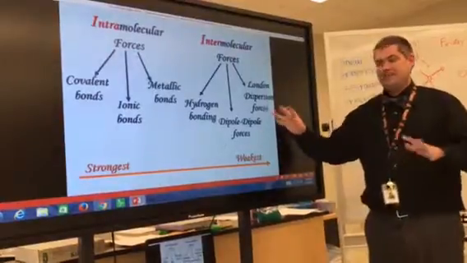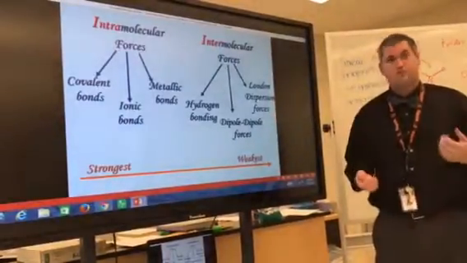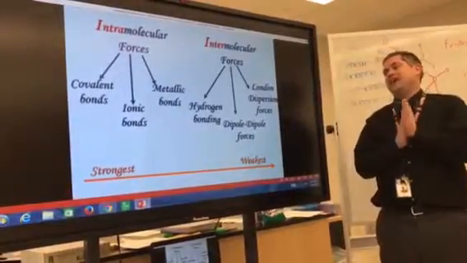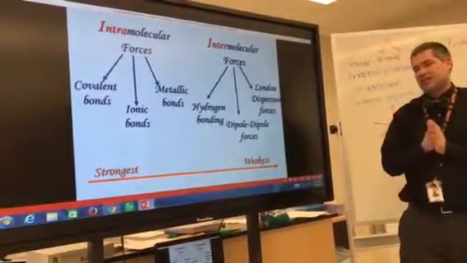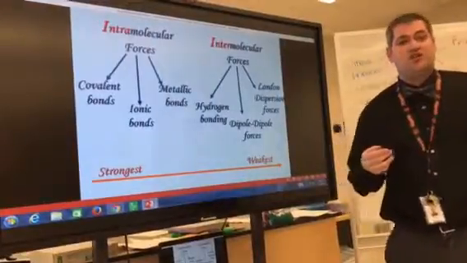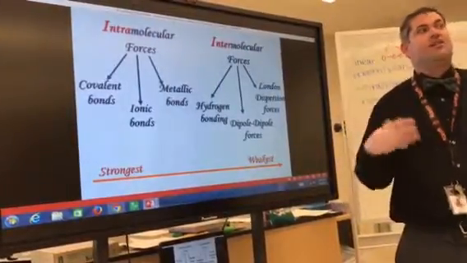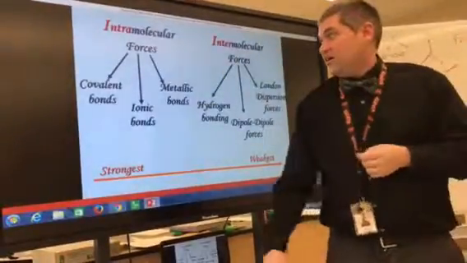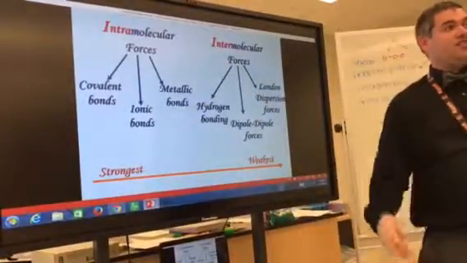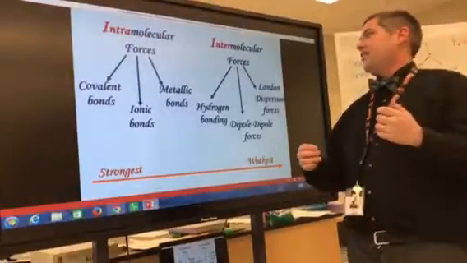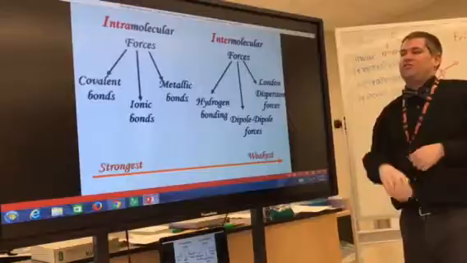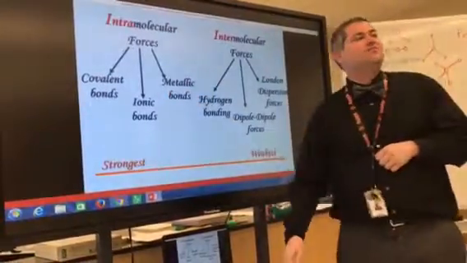Dipole-dipole force is the medium of the three. London dispersion force is the last one, the weakest. Of course, the weakest requires less energy. And of course, the covalent bond requires the most. Actually, this slide isn't right. Ionic is the most, I'm sorry.